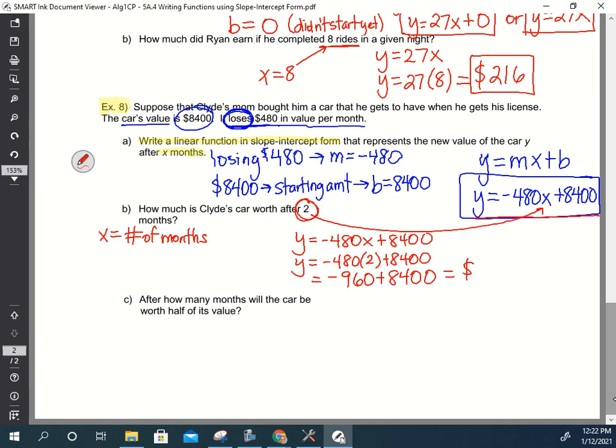After 2 months, how much is Clyde's car? You have some calculators going around here. And I see from Cyrus, we got $7,440. Excellent.